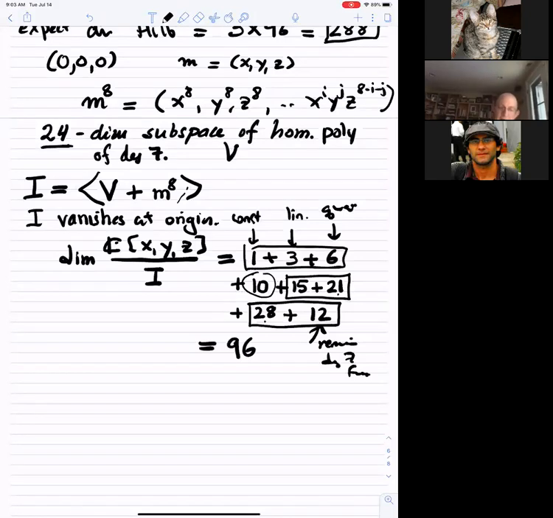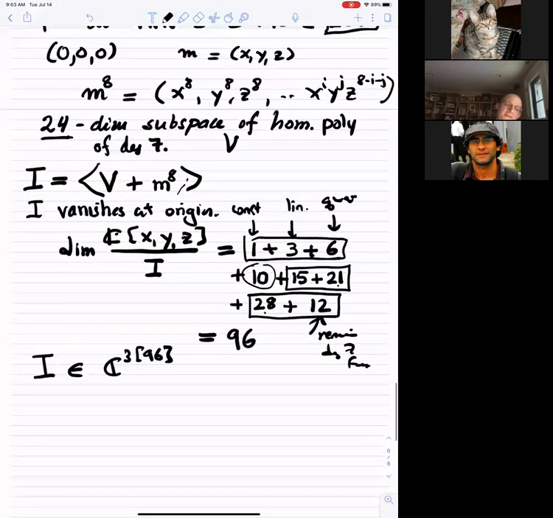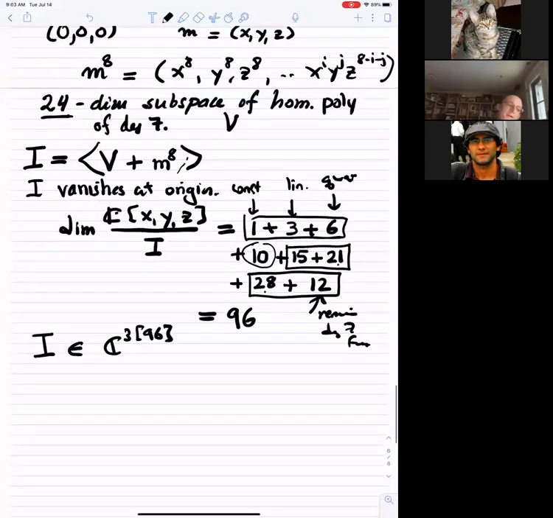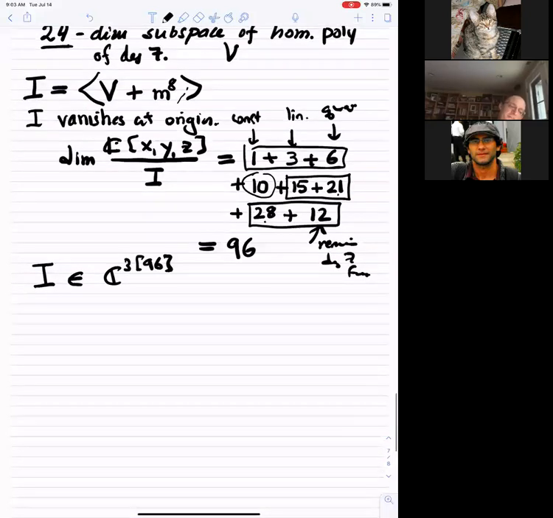So you see that an ideal like this also lies in C3 of 96. Okay. All right. Now here is the surprising part. Let's count how many such ideals there are, right? What did this ideal depend on? It depended on 2 things.